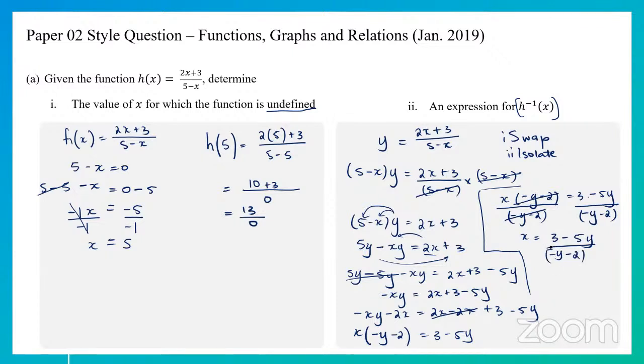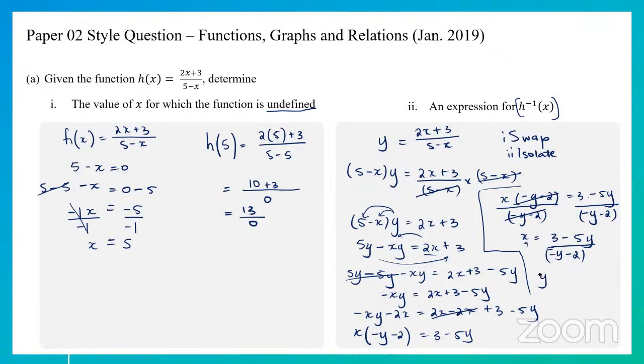So as I said before, I isolate first before I swap, because as I can tell here, I have x, and a function is normally written as x equal to all of this. So now I want to swap x for y.